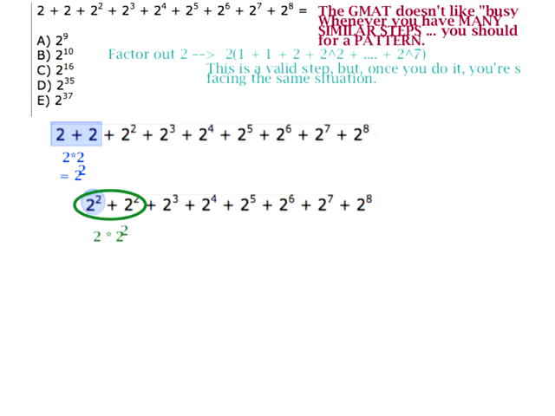So that's going to be 2 to the 3rd now. That 3 over there isn't supposed to be there. So now what you've got is the same sort of thing again. And what you'll notice really soon is that you're going to keep seeing the same pattern over and over again.